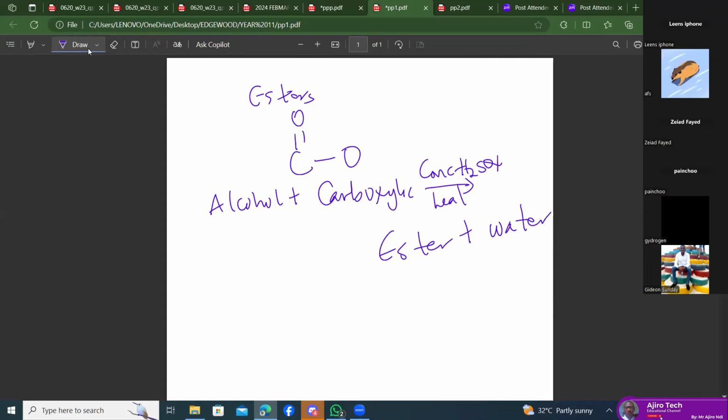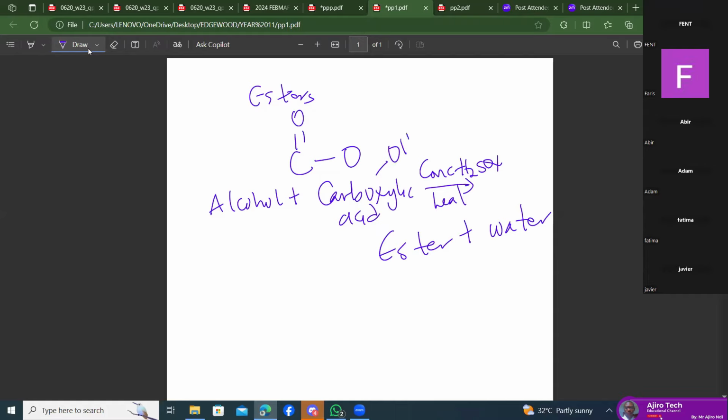And remember that the carboxylic acid gives the OH, while the alcohol donates the hydrogen to form water. So it is the H and the OH contribution that forms water. In other words, esters have something like this as the functional group. So that is what we're trying to establish for that particular question.